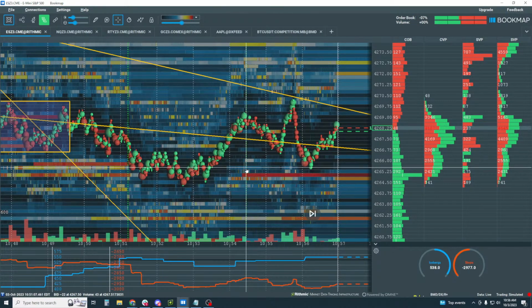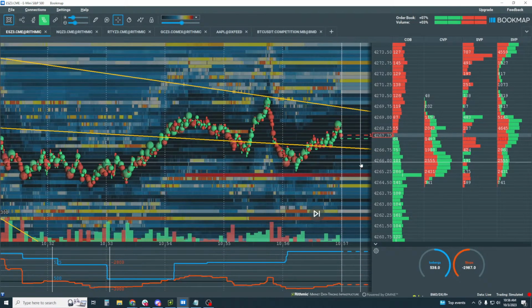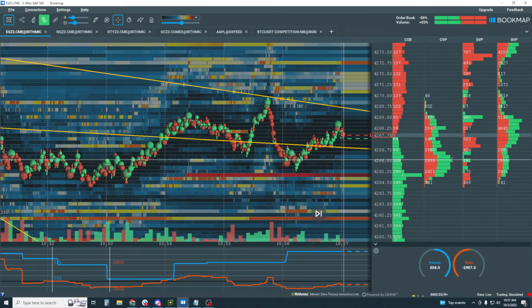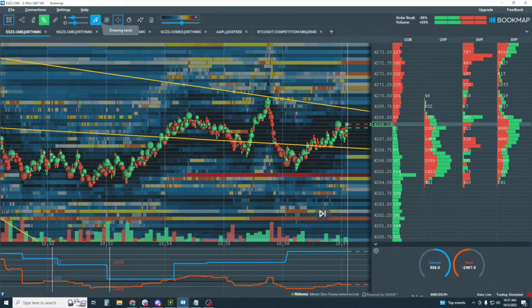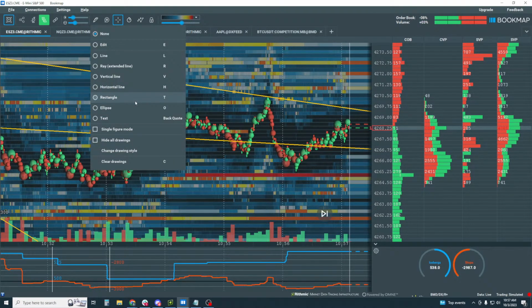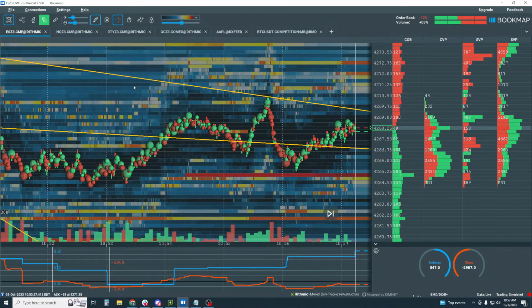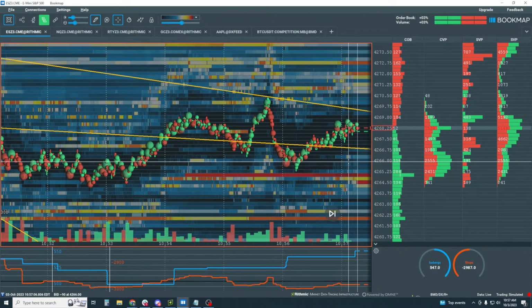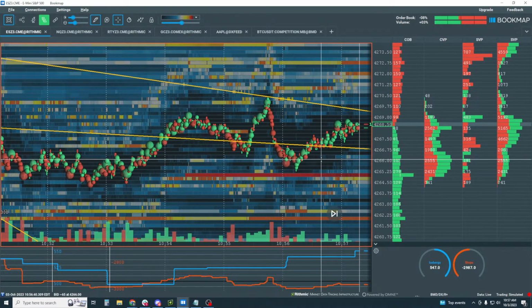Okay, let's look at the point of control in here. Okay, it's here. Okay, I should probably not call it point of control, but for this range, at least it's the high volume node. Horizontal line, let's put it at 66.